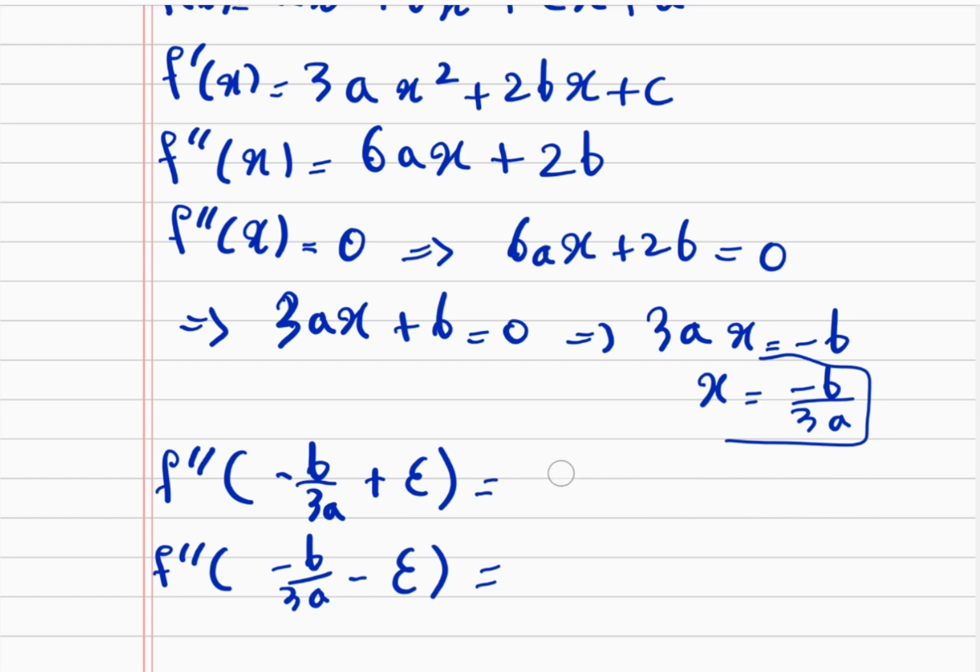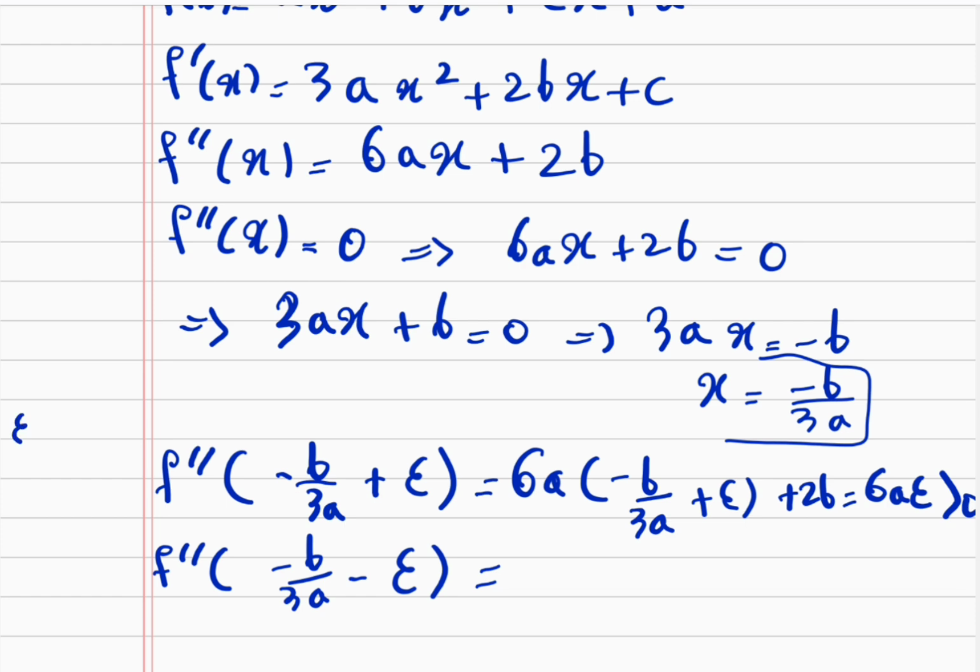So we should be careful. The actual equation is 6a times x, and for x we substitute minus b over 3a plus epsilon, and then plus 2b, which is equal to 6a epsilon. This value is greater than 0, because remember that epsilon is a small positive value.